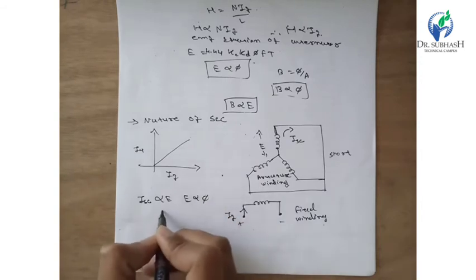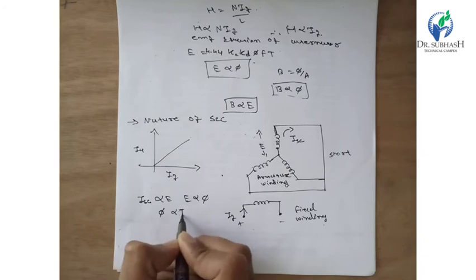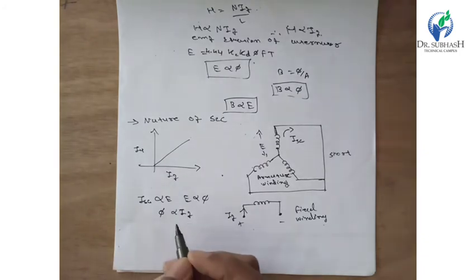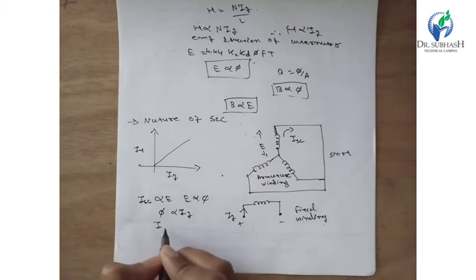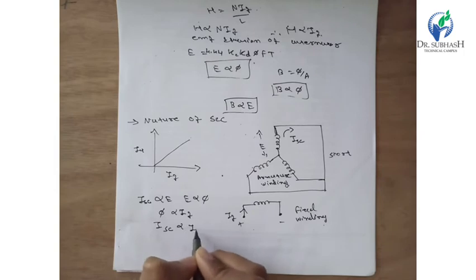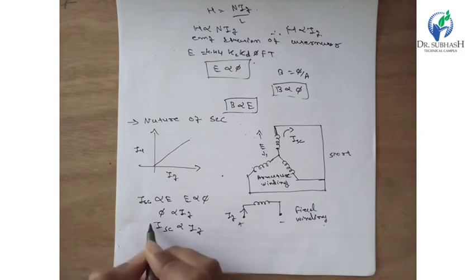In the same way, the flux is directly proportional to the field current. So by using both these equations, we can write that the short circuit current is directly proportional to the field current.